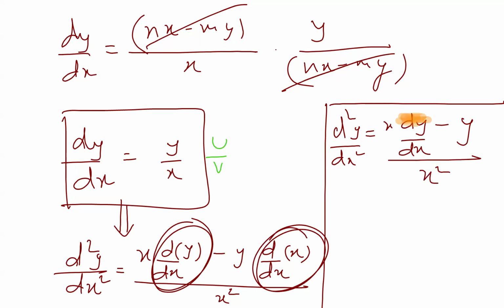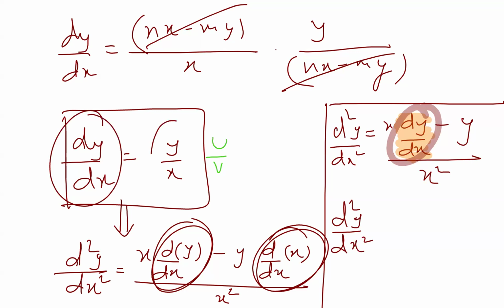Now take a look at this part, dy by dx. What is the value of dy by dx? The value of dy by dx is y upon x. Dy by dx is equal to y upon x.